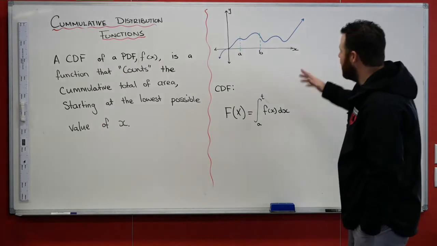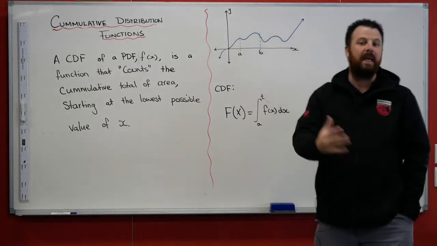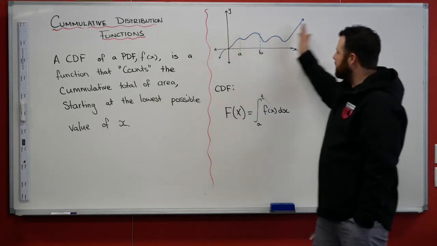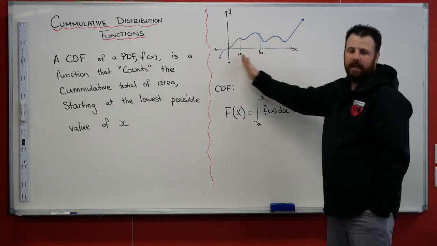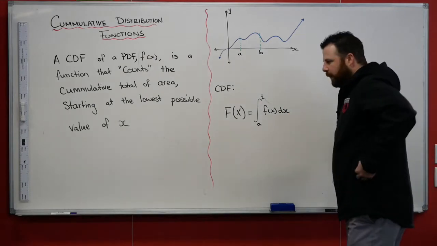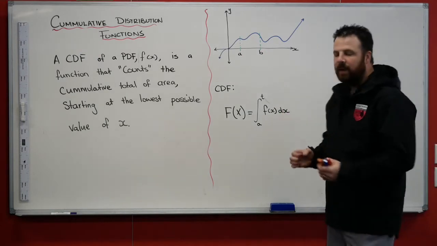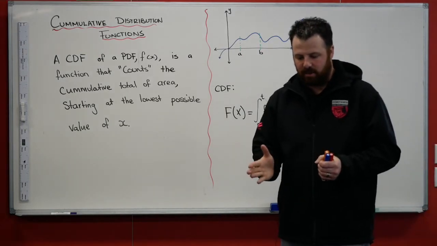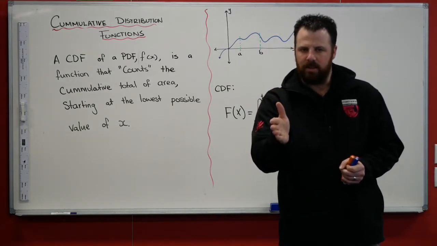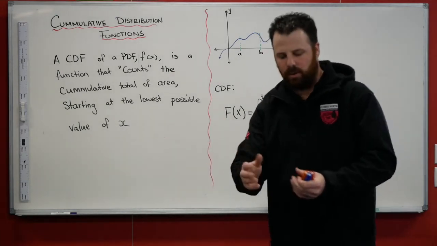What I mean by that is, let's come up here onto the right. I've got some random PDF drawn, and this is some function, but I'm only interested between values of a and b. When we find a CDF of this function, it tells us the area under the curve from that point and all the way to the left of it, all the way down to the lower boundary.